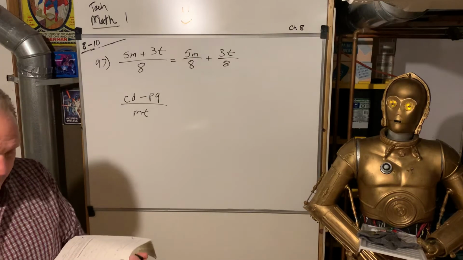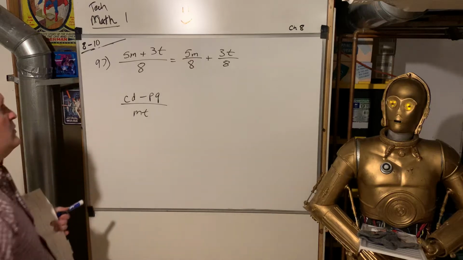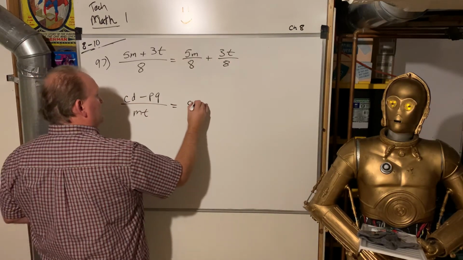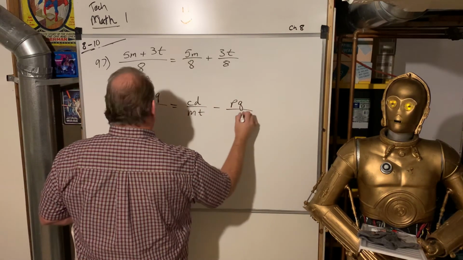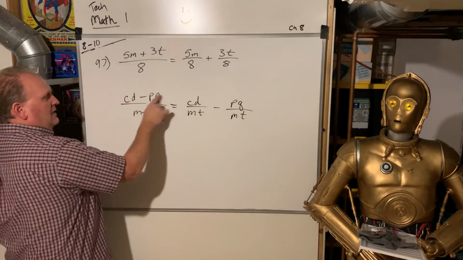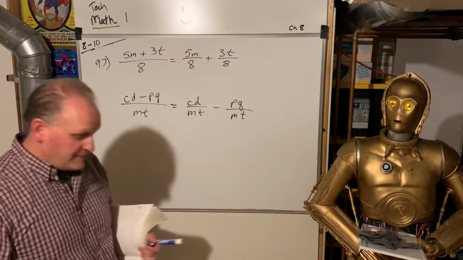I mean, we can't advance the problem anymore with that one. You can't reduce it. But sometimes when you do that, you'll be able to reduce a fraction or something like that. So that's just demonstrating. Look at that. We can write it as two separate terms instead of two terms over the same denominator.